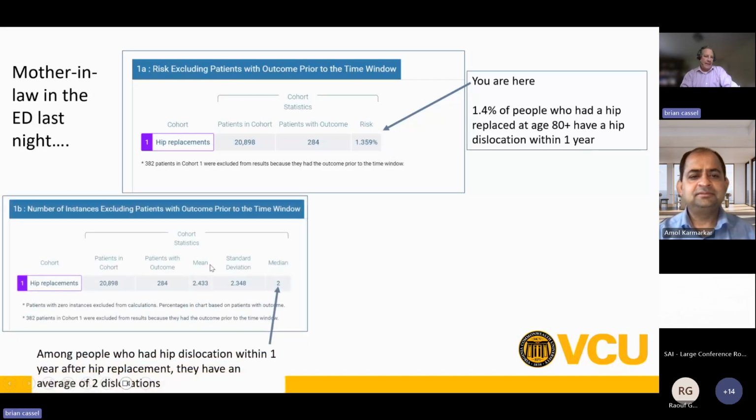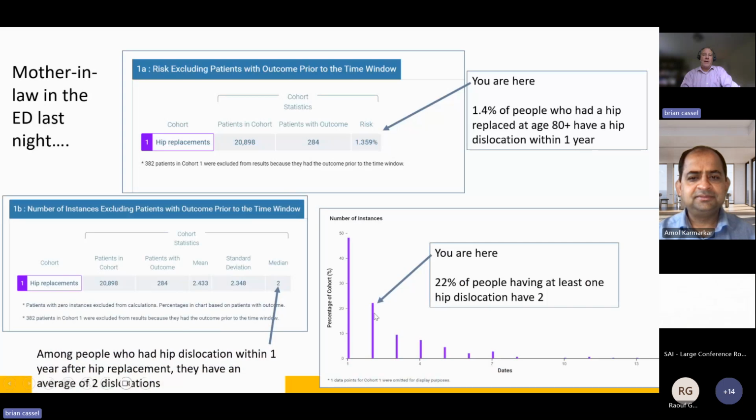If you have one, the average number you'll have within 1 year is 2, which is where she's at. And so I showed her this is where you are, mother-in-law. You are in the 20-some% of people who, after having a hip replacement, have had 2 hip dislocations in 1 year. And she loved it.